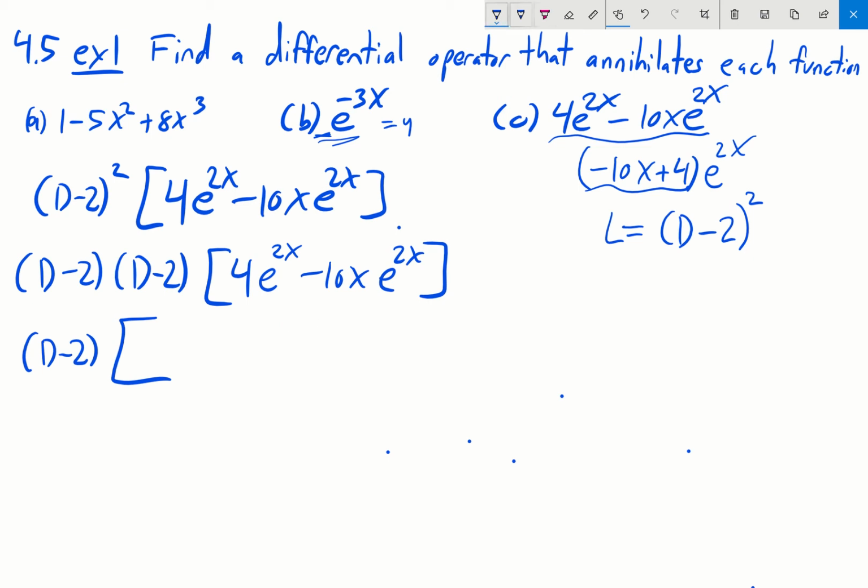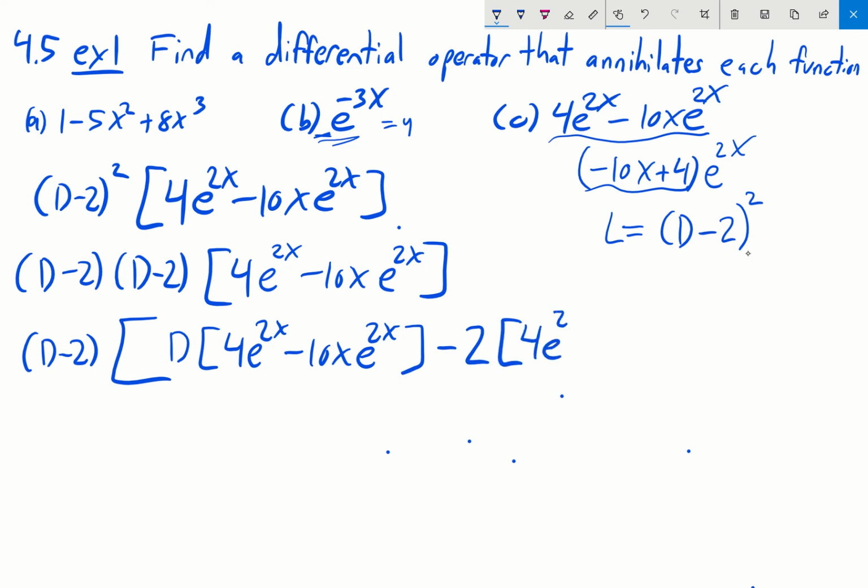So we need to take the derivative of the thing on the inside, and we also need to subtract twice the function on the inside. That's how this differential operator behaves. So we have D - 2, which will be applied to the result of this.